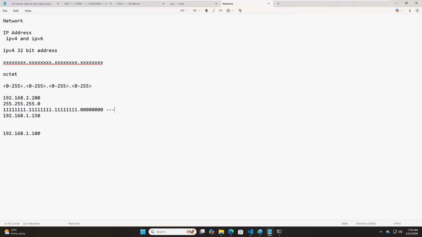In the subnet mask, one bit, or one binary number, represents network, and 0 represents host portions. So 255.255.255.0 means these 3 portions represent the network portions, telling the IP address that the first 3 portions belong to the network and the last portion belongs to the host.